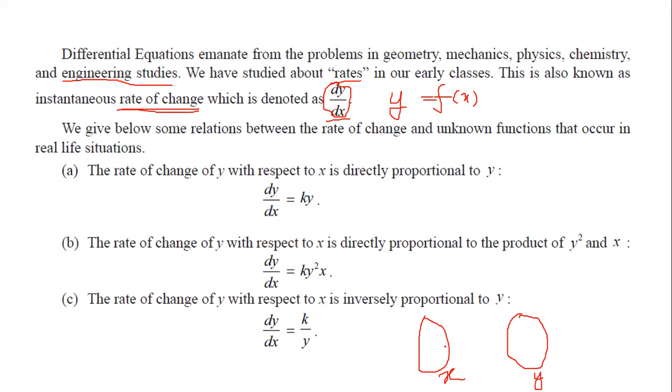There are two sets, and I am relating the two sets through one function, the unknown function f. So this is called the domain, and this is called the codomain.